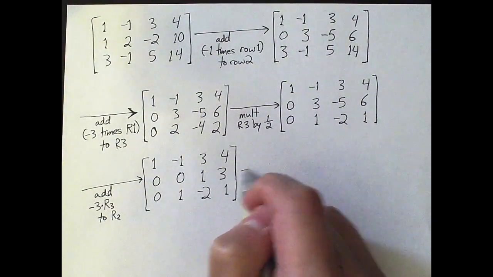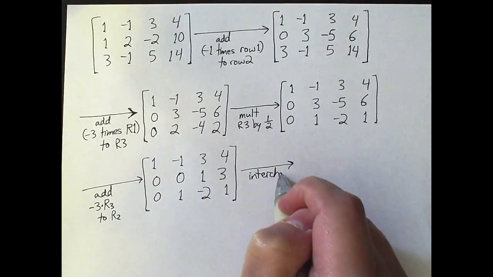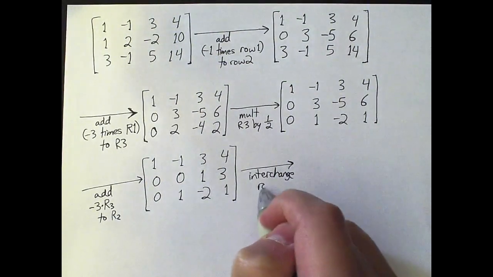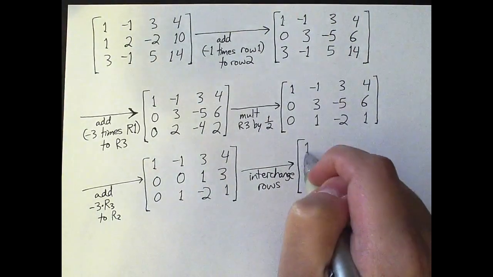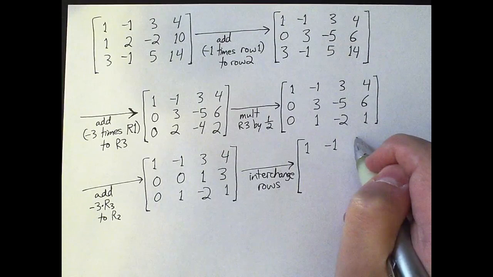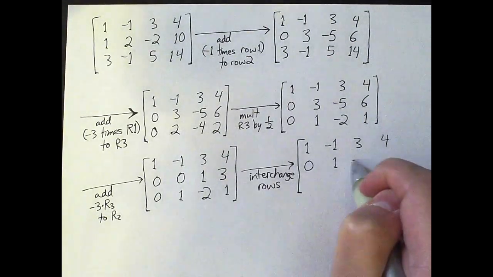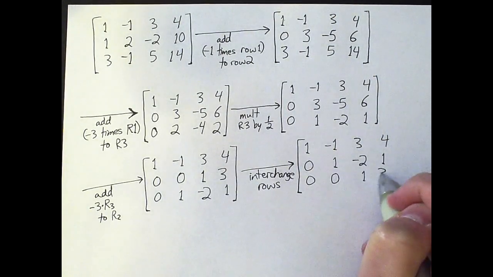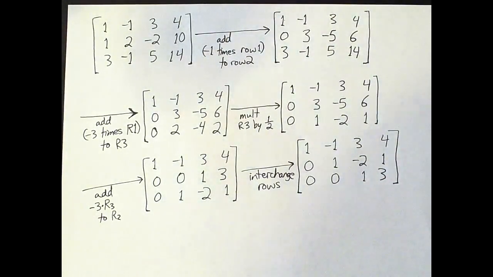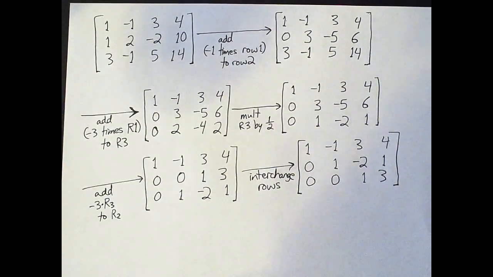And now I'm going to do my idea of interchanging rows. Just like in the previous lesson when we interchanged equations, well, each row represents an equation, so we can interchange rows. 0, 0, 1, 3. This is triangular form. This represents a system in triangular form.